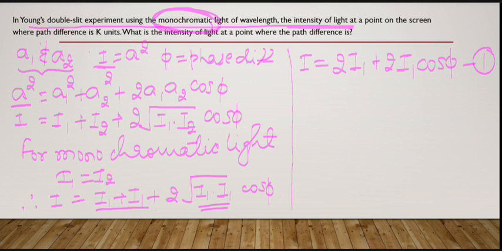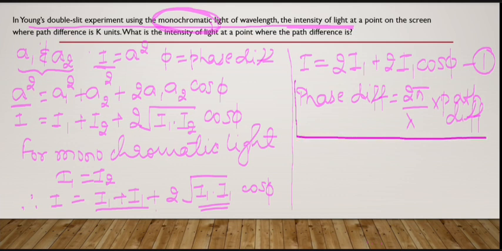Here we know a formula that phase difference is equal to 2 pi by lambda multiplied by path difference. You must have studied this formula in class 11th. Now here phase difference phi is equal to 2 pi by lambda multiplied by the path difference.